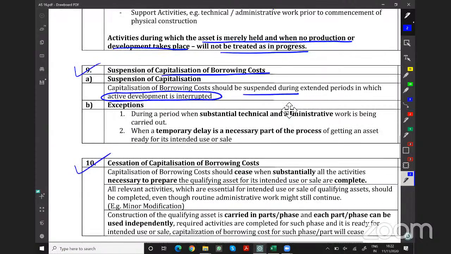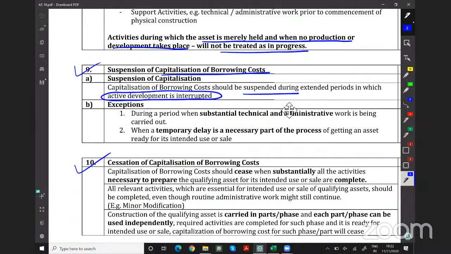After 2 months, they said, "Sir, we are not in the mood to construct now. We will construct after 1.5 months." For 1.5 months, there was no activity. So for this 1.5 months, capitalization of borrowing cost should be ceased or suspended.